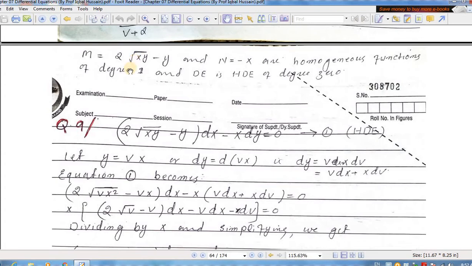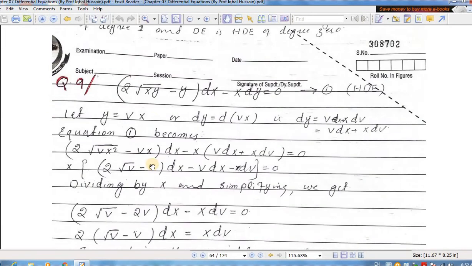We can also check the degree of this function by replacing x and y by tx and ty, and we will get that the degree of the function M is 1, and similarly the degree of N is 1. So both the functions are homogeneous functions of degree 1, and the differential equation will be a homogeneous differential equation of degree 0.